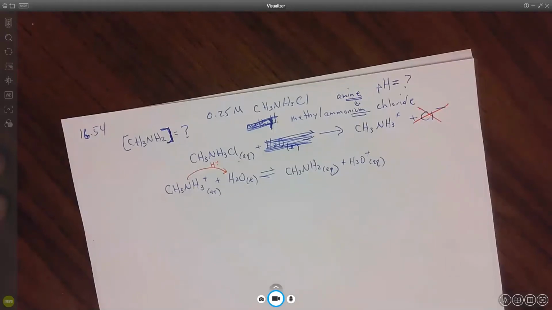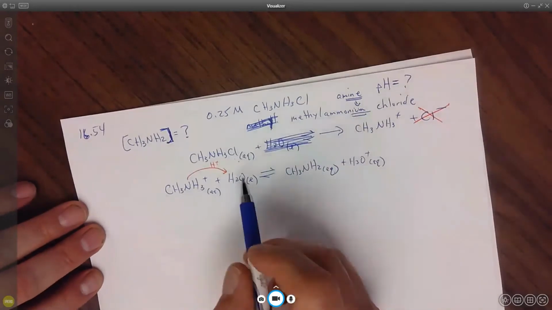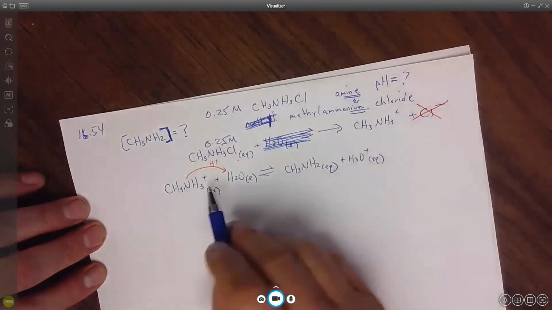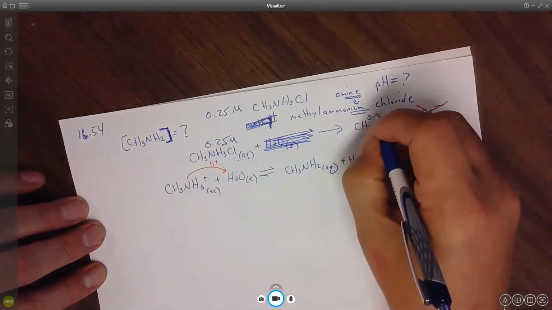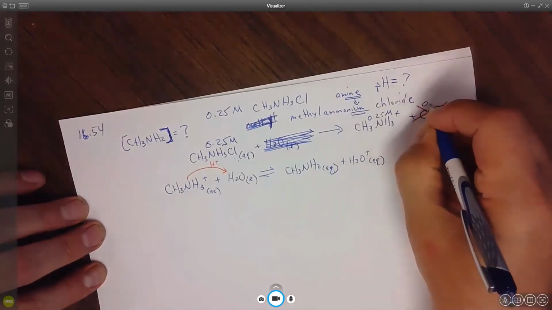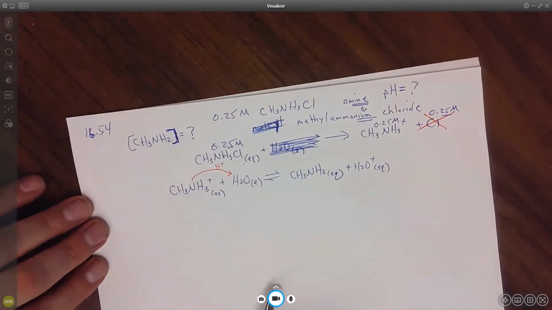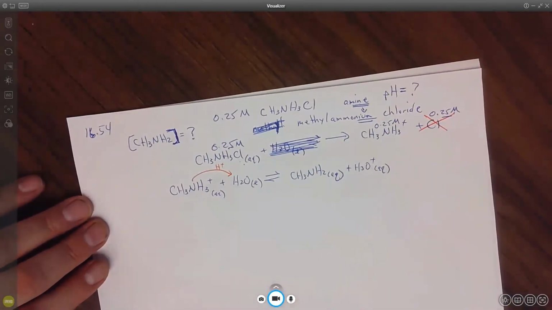So you're saying that this dissociates, right? If this was 0.25 molar, that means that both of these are going to be 0.25 molar. Okay, I agree with you there. So we know that the concentration of this then is 0.25 molar. But I want the methylamine itself, the neutral.